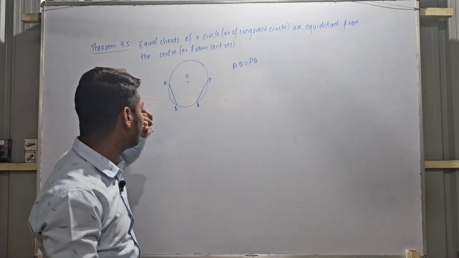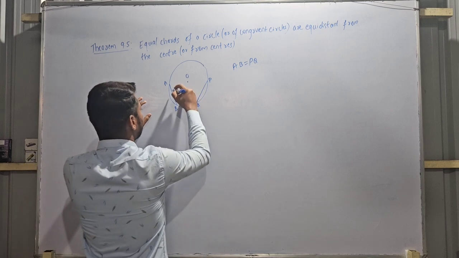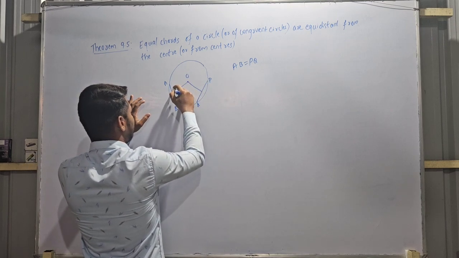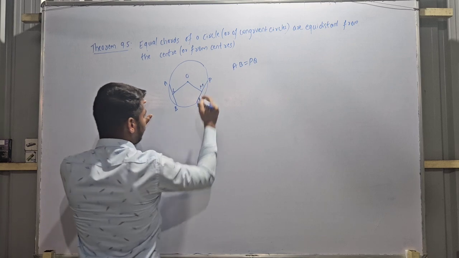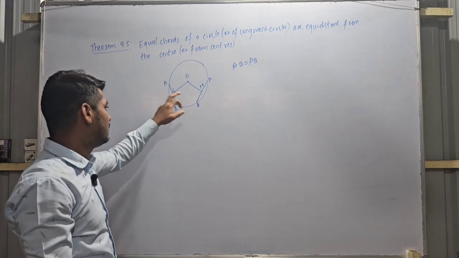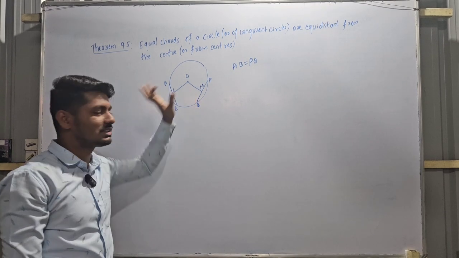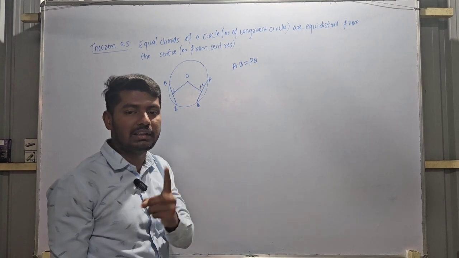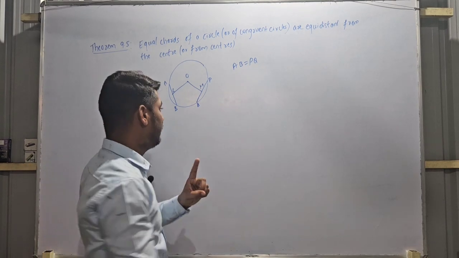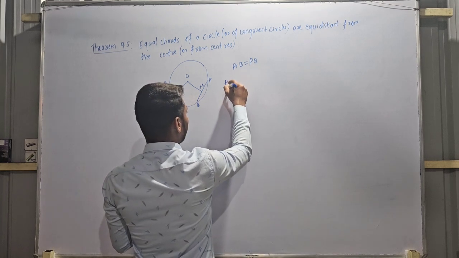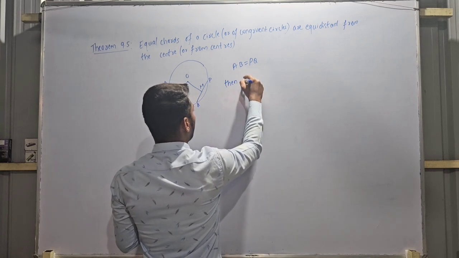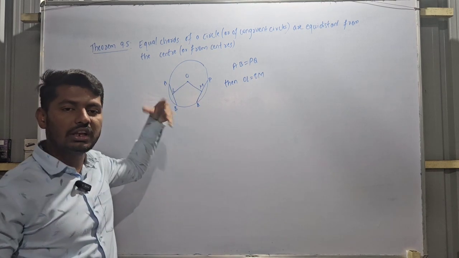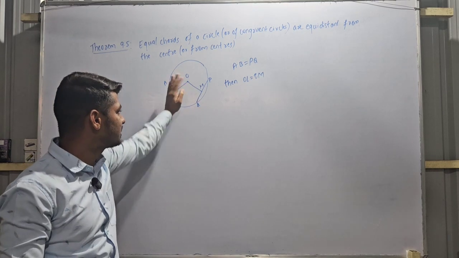Let this be L and let this be M. These are the distances from the chord to the center. Then 100% if chords are equal, then they will be equidistant, that is OL is equal to OM, they are at the same distance from the center.